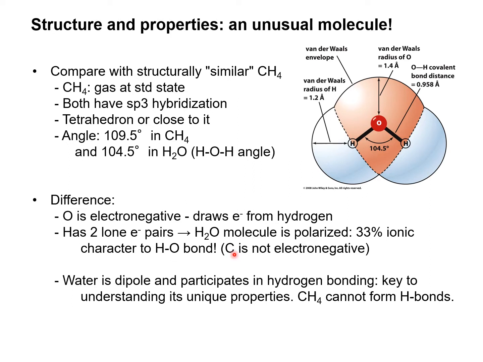But the carbon in methane is not electronegative, so it's not going to draw the electrons. And lastly, water is a dipole, as we discussed earlier, and participates in hydrogen bonding, which is the key to understanding the unique properties of water molecules in biochemical reactions. But methane cannot form hydrogen bonds, so it mostly stays inert.